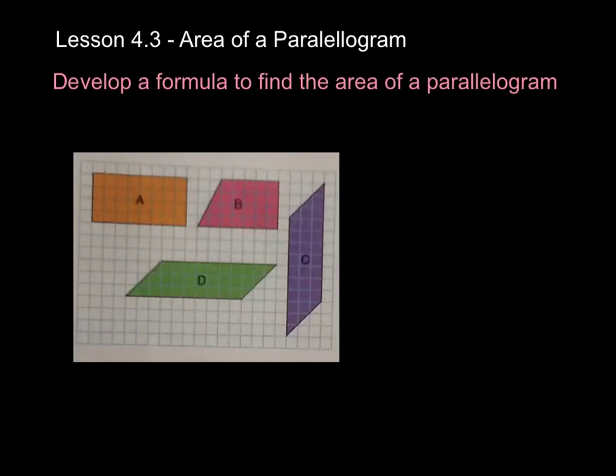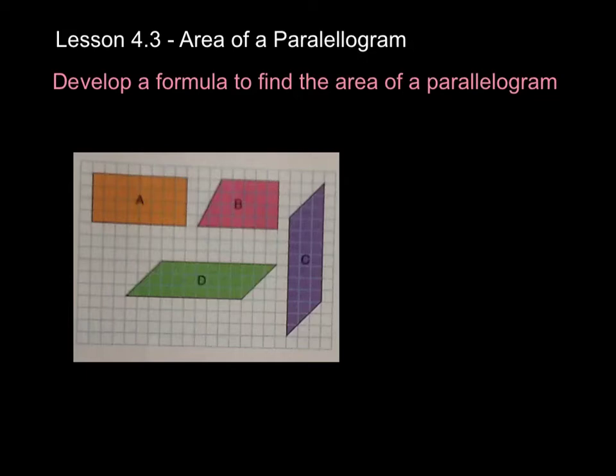So a parallelogram is defined as a quadrilateral. We know that a quadrilateral, quad means four, so it's a four-sided shape where both pairs of opposite sides are parallel lines. And what I mean by that, let me just get my pointer here.